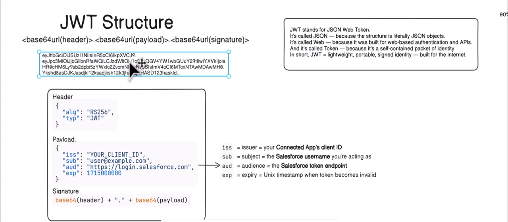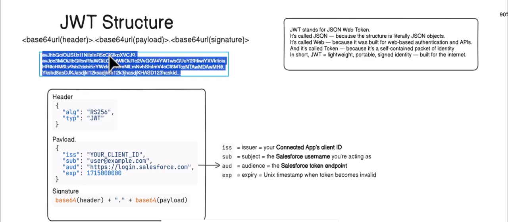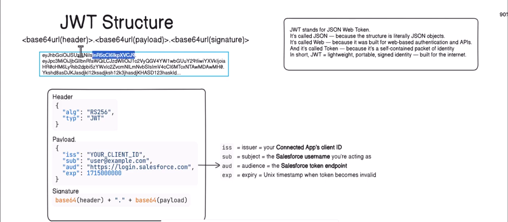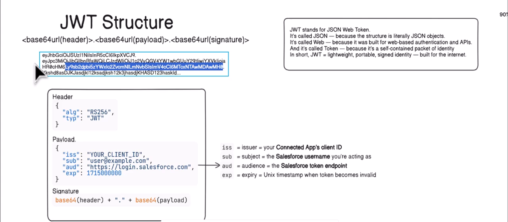As part of the signed JWT, it has the base64 URL encoded header, then the payload part, and then the signature part, right? So it will pull out the base64 URL encoded header, dot, base64 URL encoded payload, and it will hash.